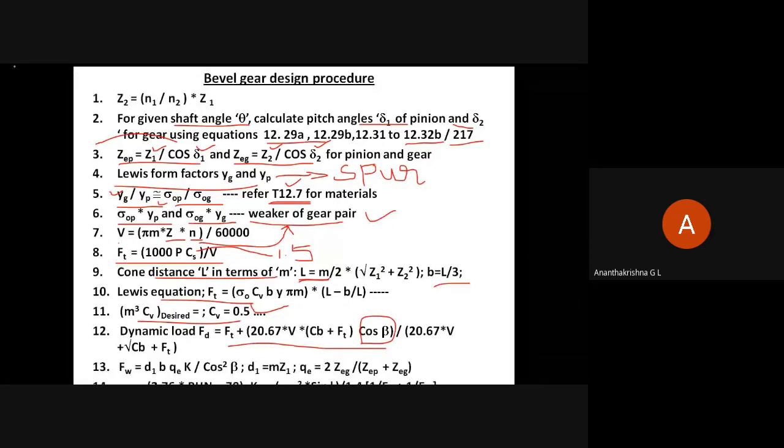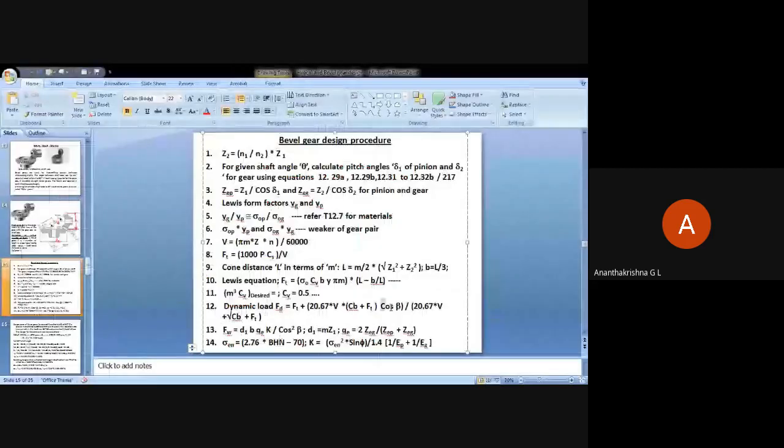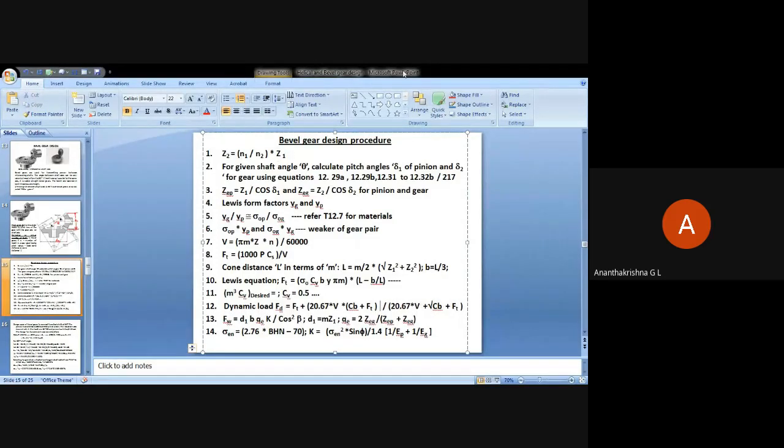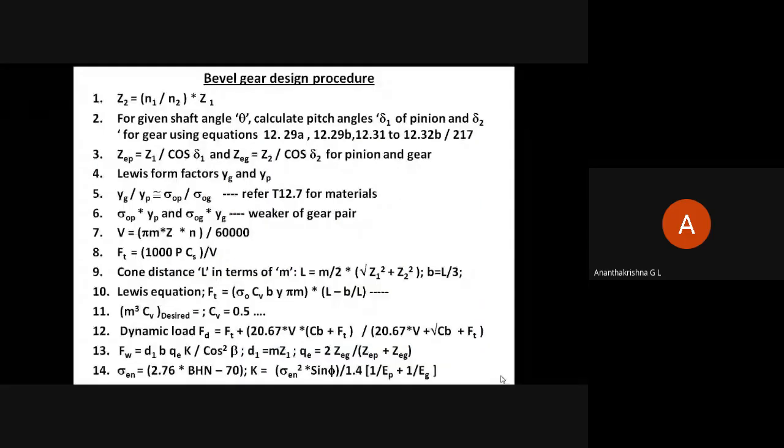So there is no cos beta here because it is for helical gear. Okay, so use the equation for dynamic load, same equation as we used in our spur gear design.